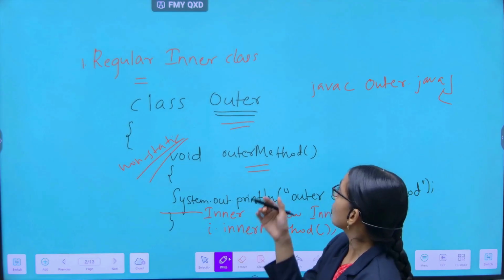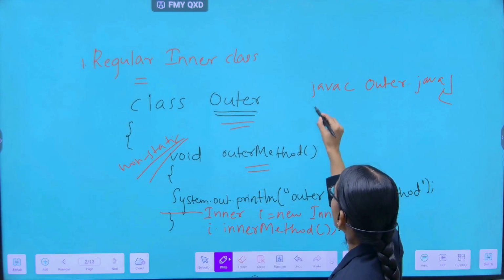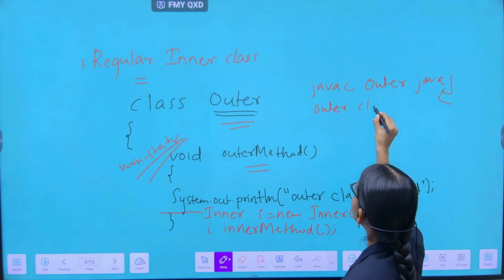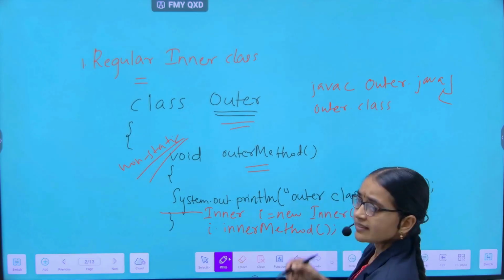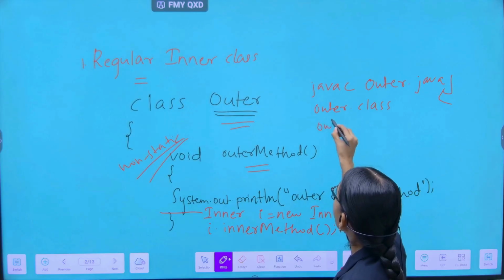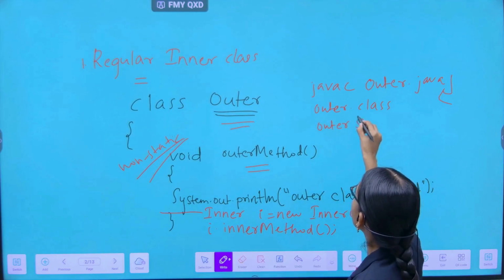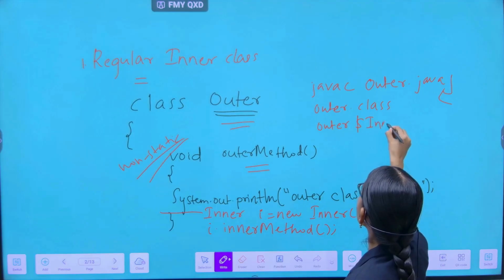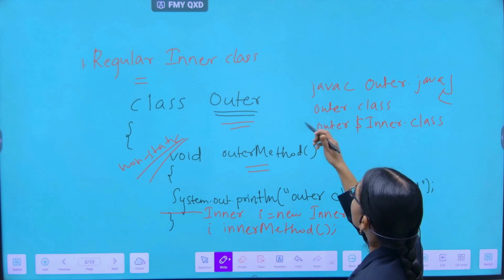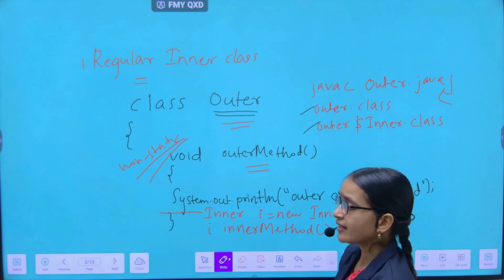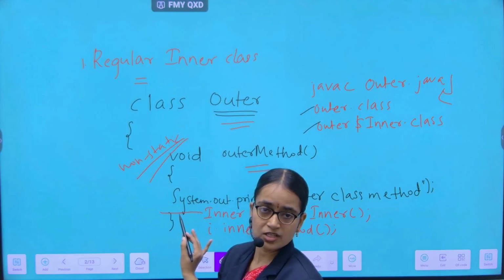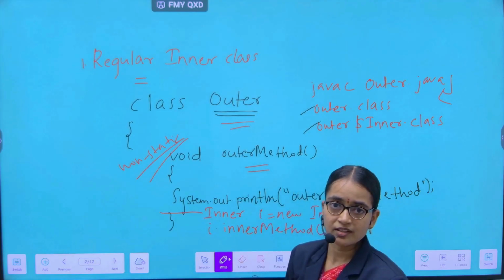One bytecode file is generated as Outer.class, and the second bytecode file is generated as Outer$Inner.class. So these are the two bytecodes generated after the first implementation, the instance implementation. Clear?